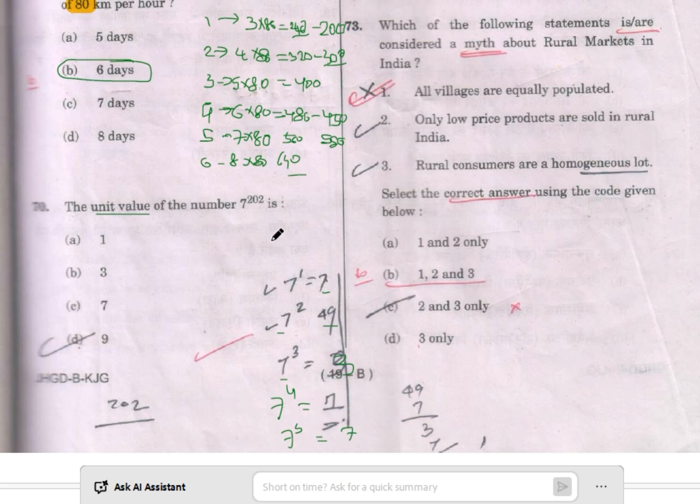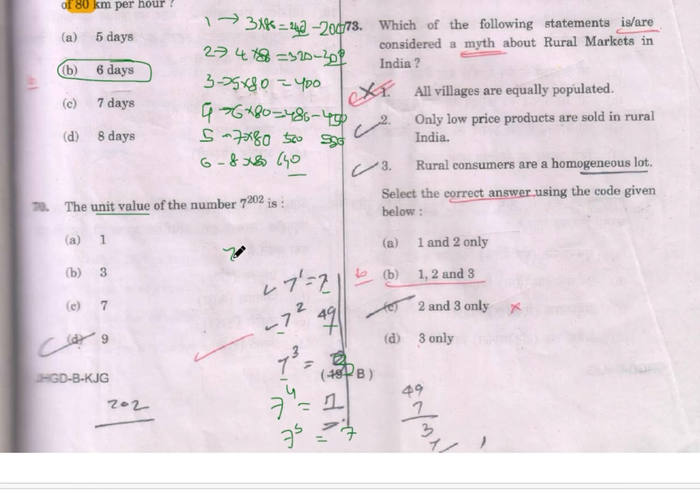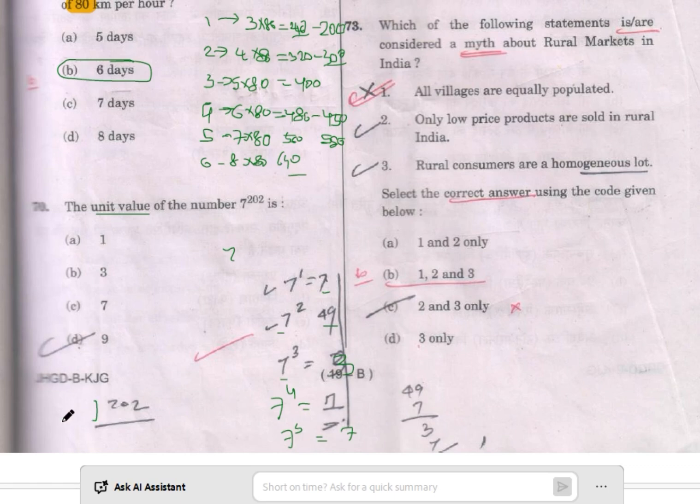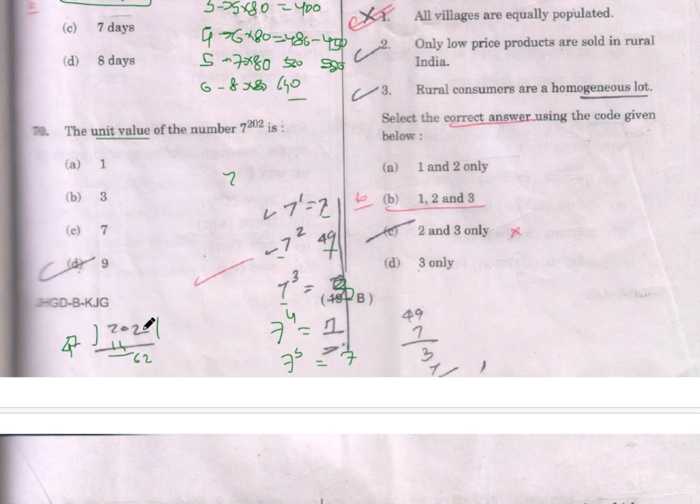So in every 4, we have to divide 202 by 4, because the cycle of 4 numbers is clubbed.